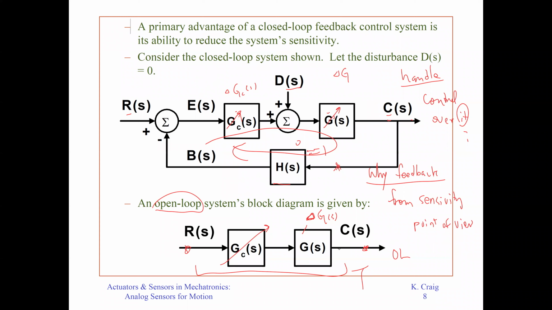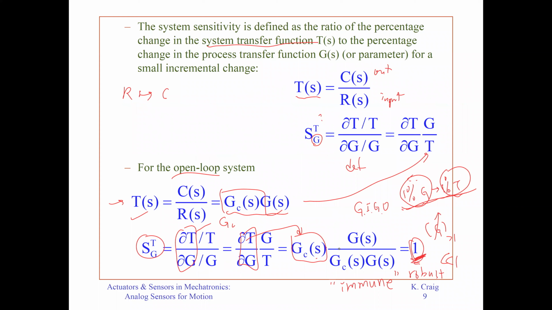Therefore, if we assume the control plant G has some uncertainties, how will these uncertainties affect the input-to-output closed-loop transfer function? In the open loop setting, the sensitivity is always 1. So that means garbage in, garbage out.